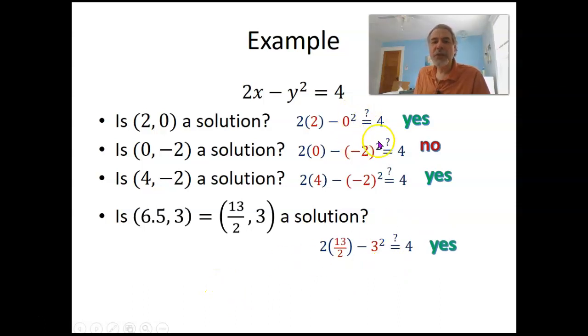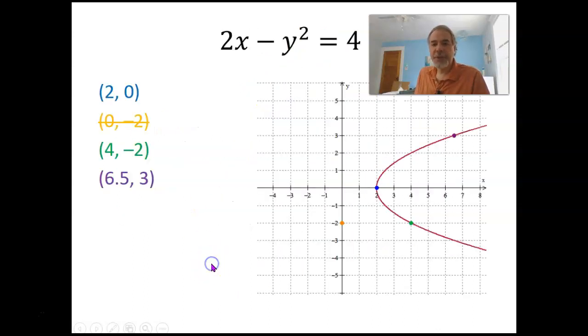Now, what do these solutions have in common besides that they all work in that equation? Well, they all correspond to points along this curve that we're looking at here. It's a sideways opening parabola, and this would be the graph of the equation 2x minus y squared equals 4.